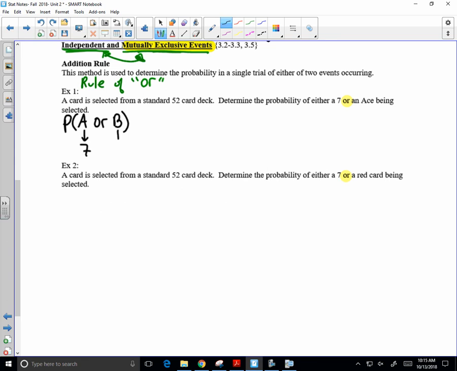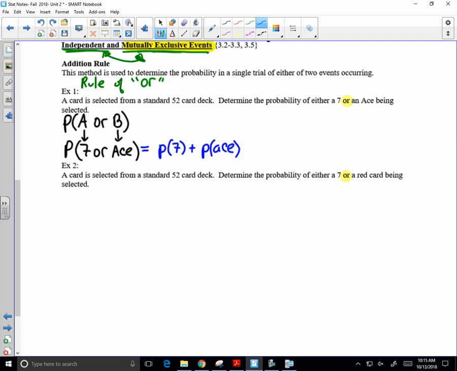B would be getting an ace. All right. So what that's telling me to do is look at the probability of getting a 7 and the probability of getting an ace, and just add them together.